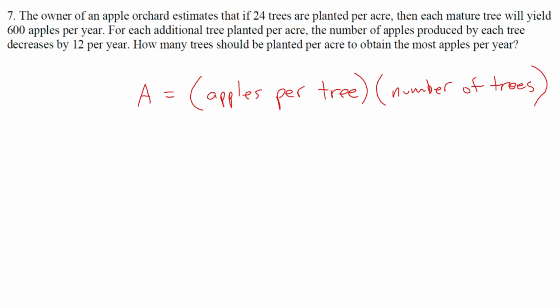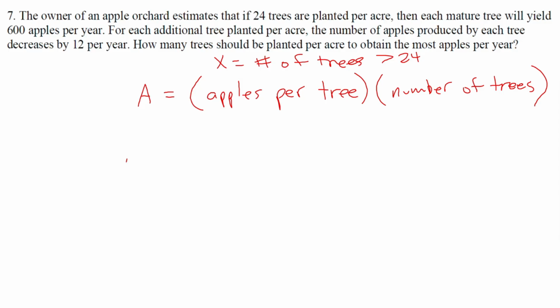So what we need to do is define our variable x. Since we are reducing by 12 apples for each tree above 24, I like to make x equal to the number of trees greater than 24, because I think that makes it easier for us to write out our two different pieces of this.